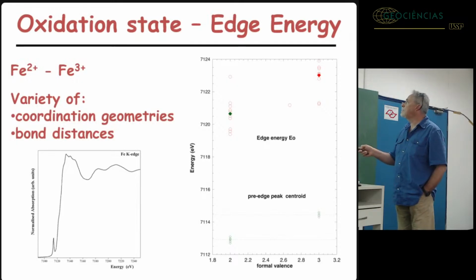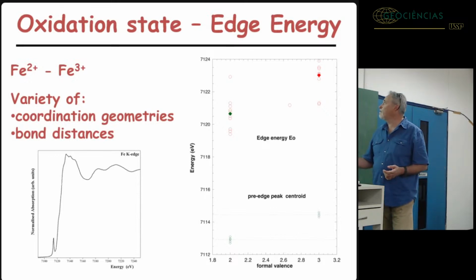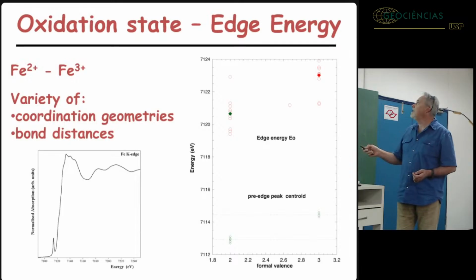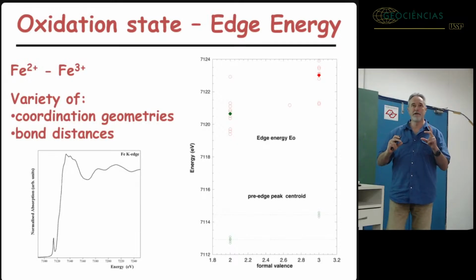We can see that the edge energy of iron can vary, if we don't account for metallic iron, from 2+ to 3+. Most trivalent are here, most divalent are here, but there is also some divalent up to this position and some trivalent down to this position.